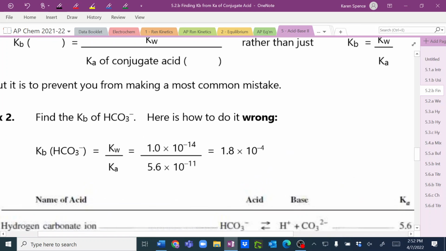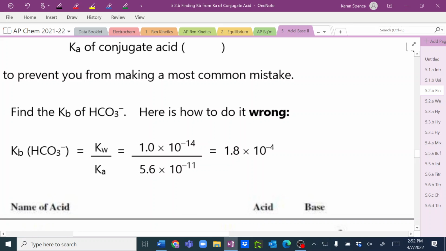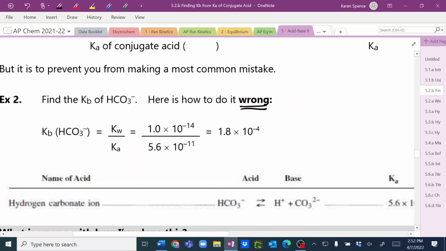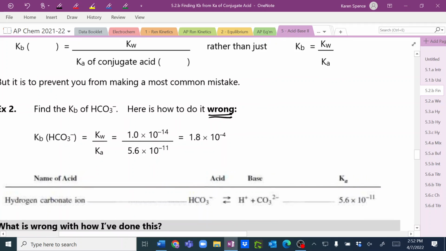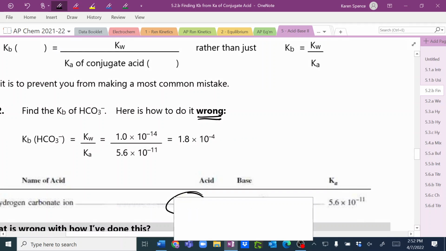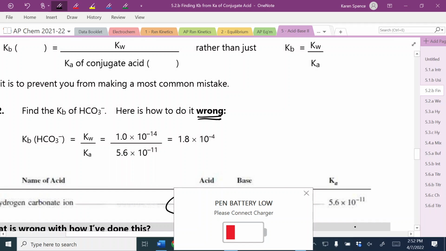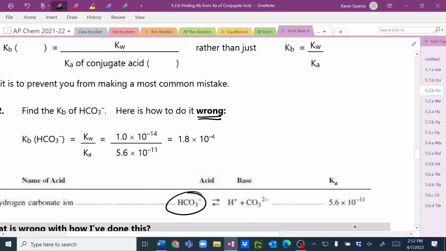Let's find the Kb for HCO3. Here's how to do it wrong. Kb of HCO3 is equal to Kw over Ka. Kw is 1 times 10 to the negative 14. Ka of HCO3 is equal to 5.6 times 10 to the negative 11.